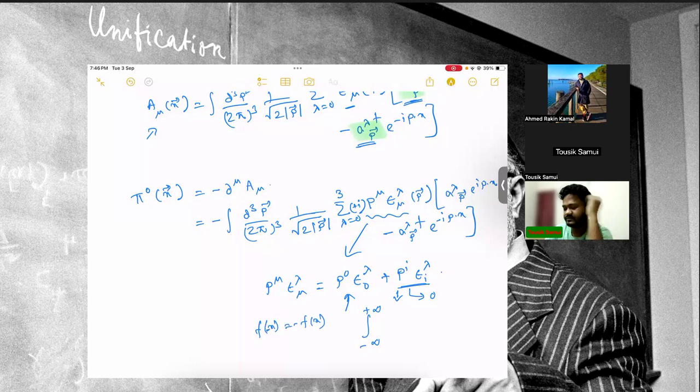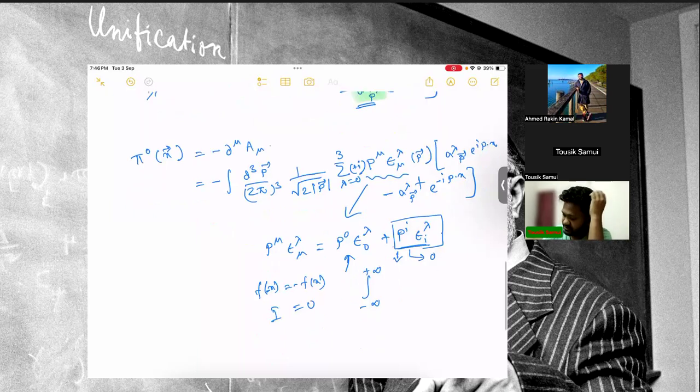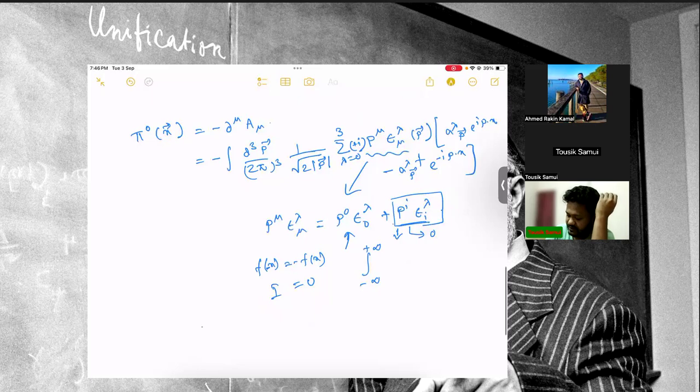When we integrate from minus to plus over the same limit, this becomes 0. The integrand becomes 0, so that particular term will not contribute, because it forces the whole integrand to be an odd function. So only the p naught term contributes.